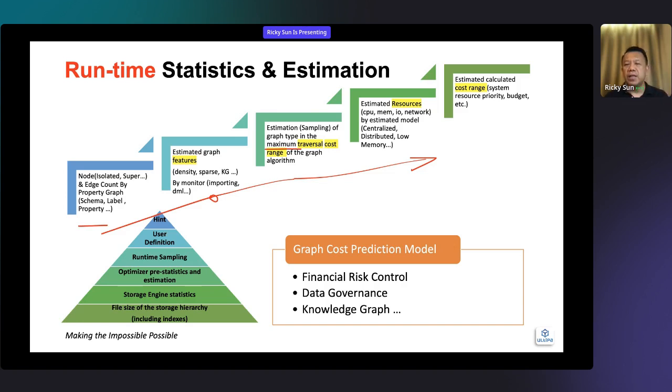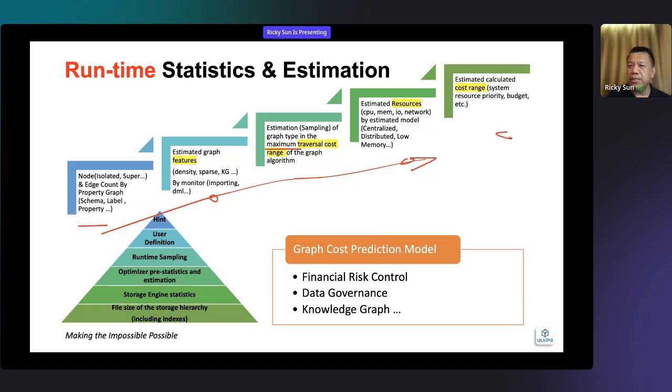In most cases, this can give us very good guidance even before we run the algorithm, so that we know how we can dynamically allocate system resources in the horizontal elastic setup. The fourth and fifth layers of estimation are actually more advanced.